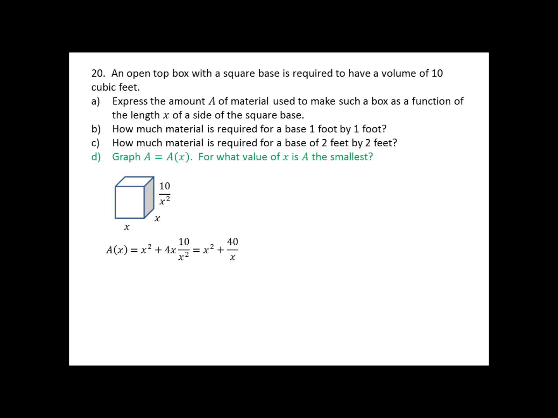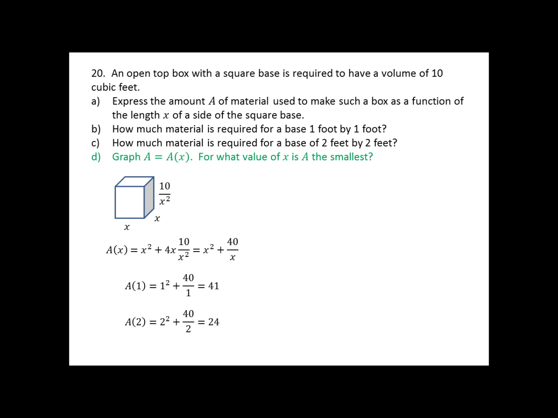So simplifying it, A of x is equal to x squared plus 40 over x. Parts B and C, they want us to plug in 1 for x and plug in 2 for x. So we're finding A of 1, that's equal to 41. A of 2 is equal to 24. So if we make our box bigger on the base, we're going to use less material to make that box.